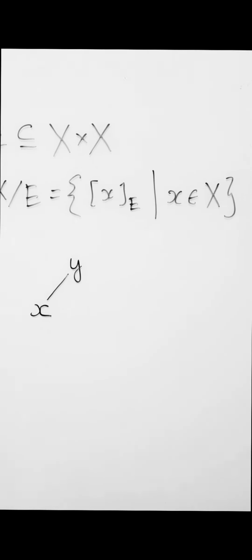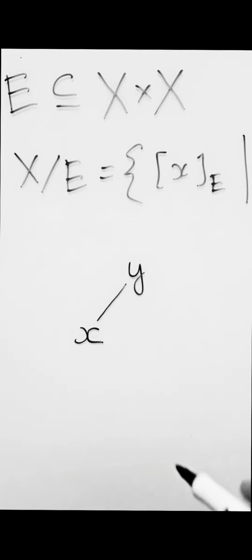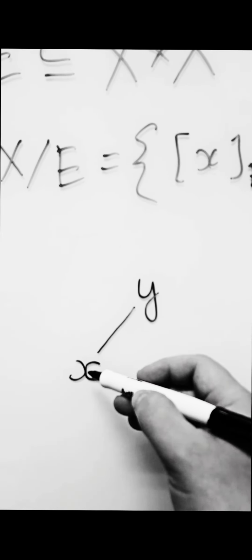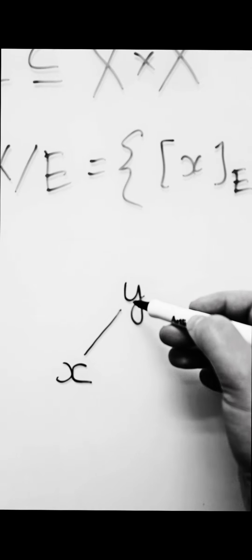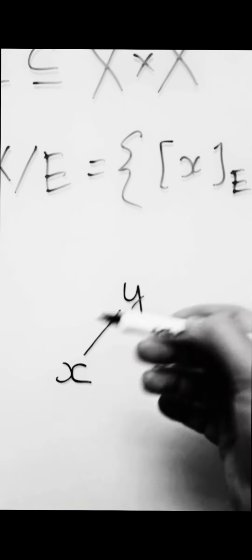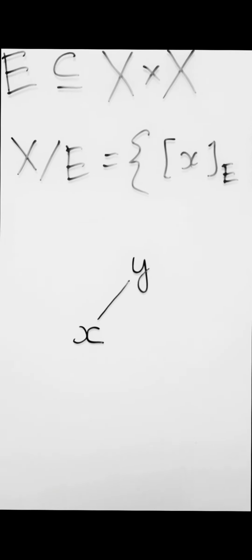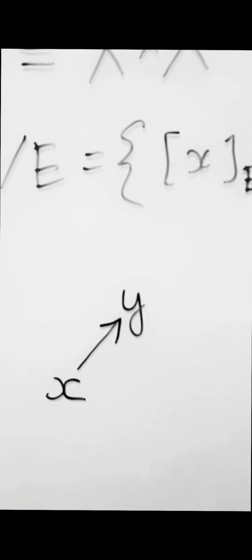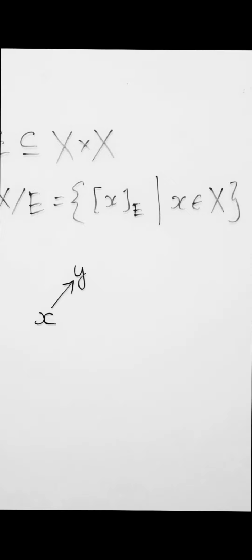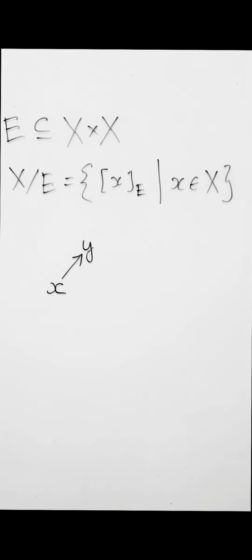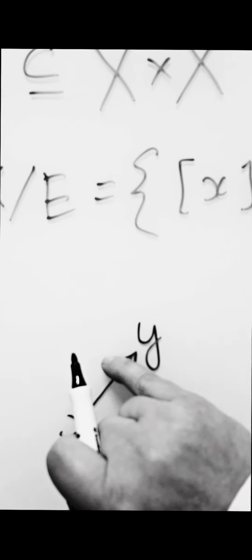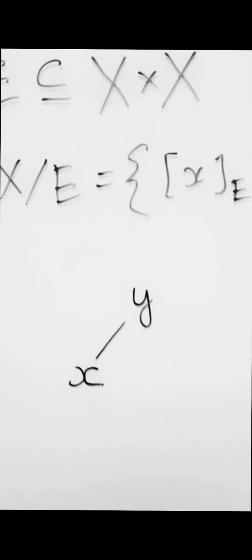Because an equivalence relation is symmetric, this line doesn't need to have a direction. If x is related to y, y will also be related to x, and vice versa. If the relation wasn't symmetric, we would need to give a direction to the line to indicate in which direction the relationship holds. But in this case, it is symmetric, therefore, we can forget about the direction.